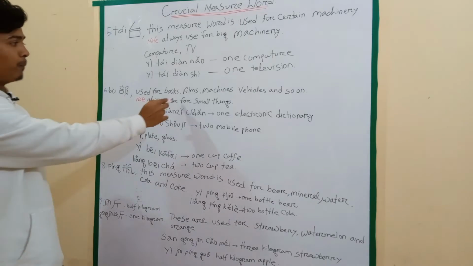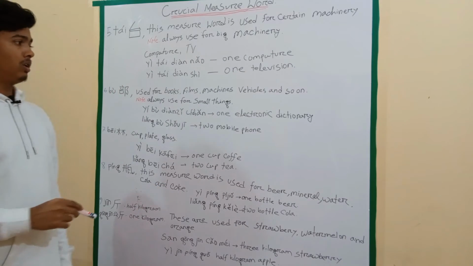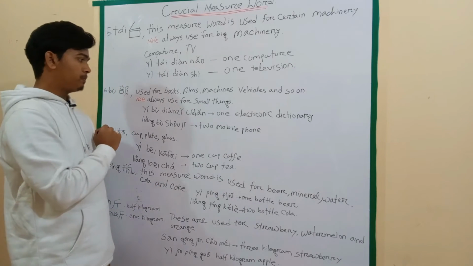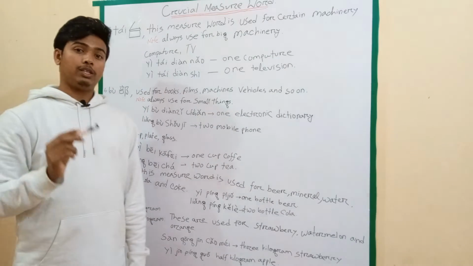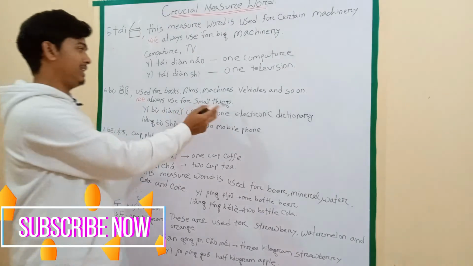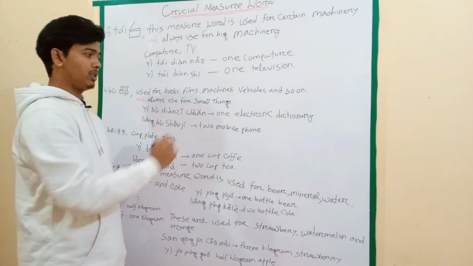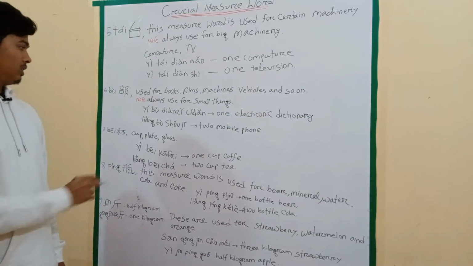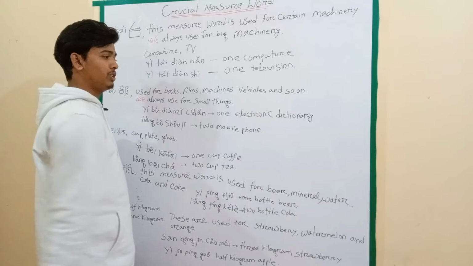Another measure word is called Bu. Bu is used for book, film, machine, vehicle and so on. Here is another note. This measure word is always used for small machinery or small things like an electronic dictionary. 一部电子词典, one electronic dictionary.